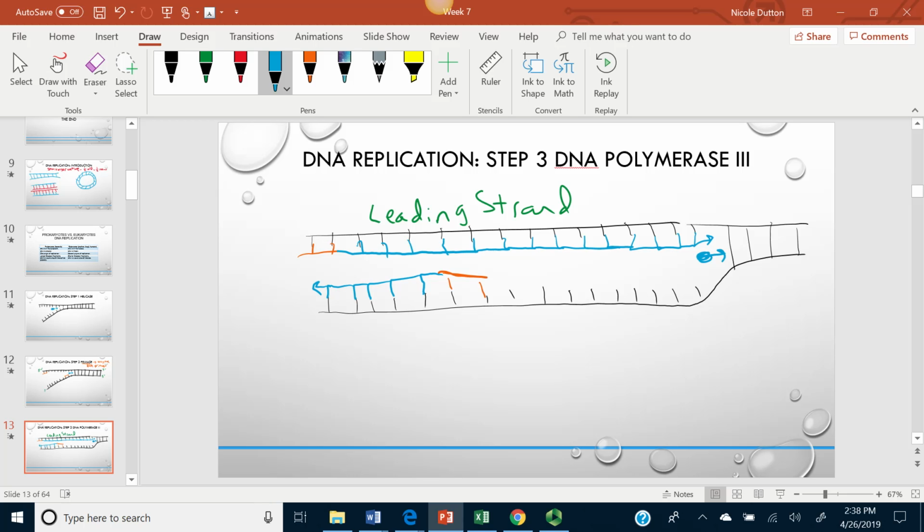Now we have to lay down a second RNA primer as the next segment of DNA opens up. And then we can make DNA backwards again. This bottom strand is known as the lagging strand.